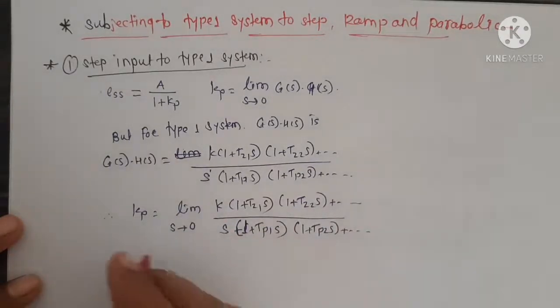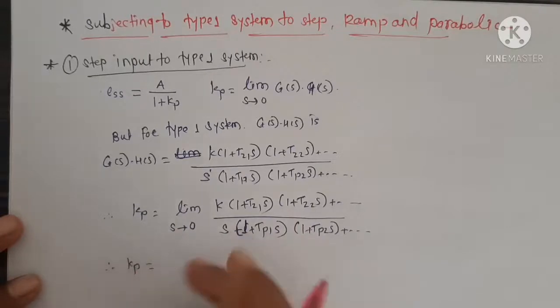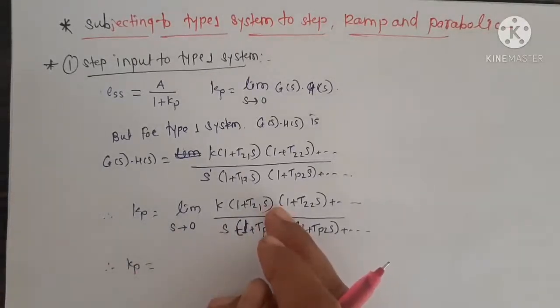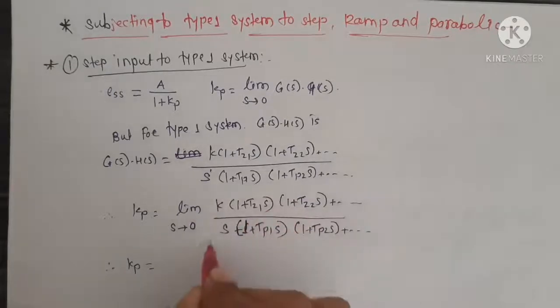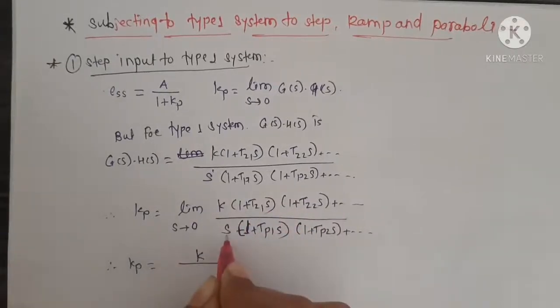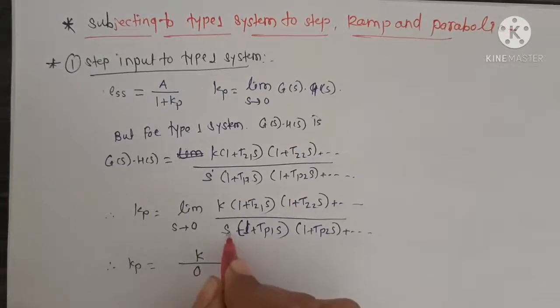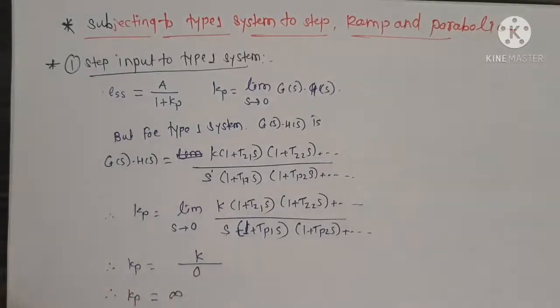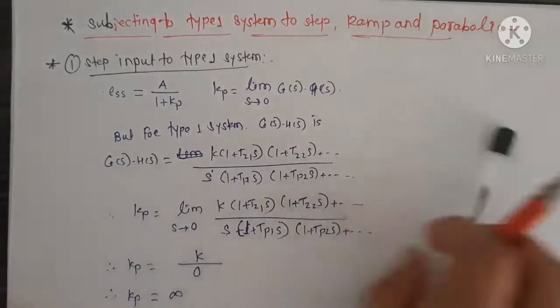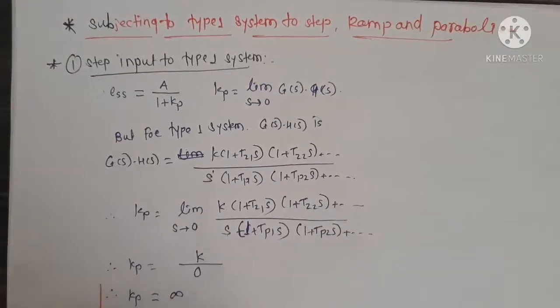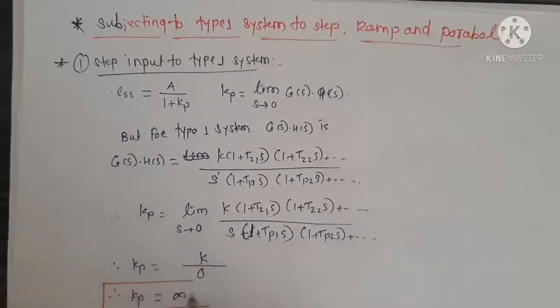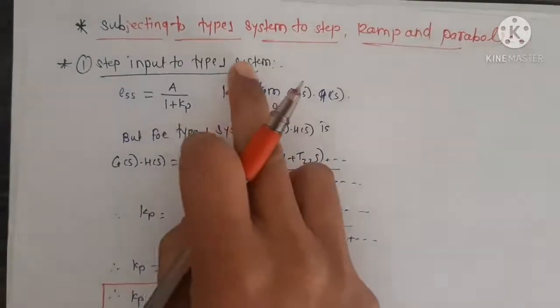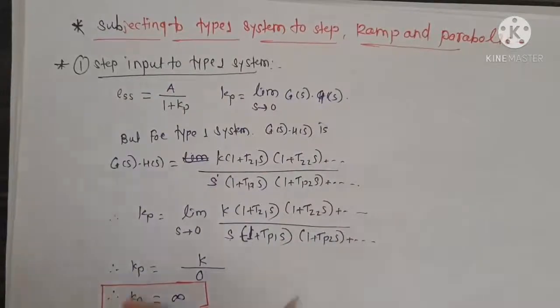Here apply the limit, which is nothing but putting the value of S. After putting the value of S, the numerator will become K, and in the denominator S becomes 0, and anything upon 0 has the value infinity. So Kp is nothing but infinity, because S is in the denominator and S value is 0. So for type 1 system, for step input, Kp is equal to infinity.